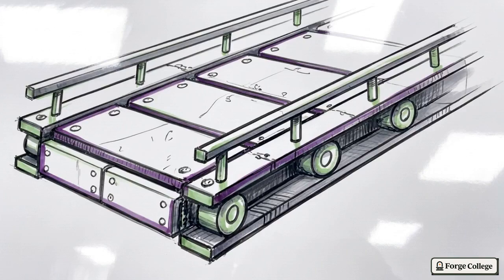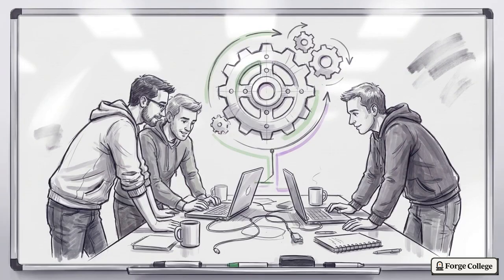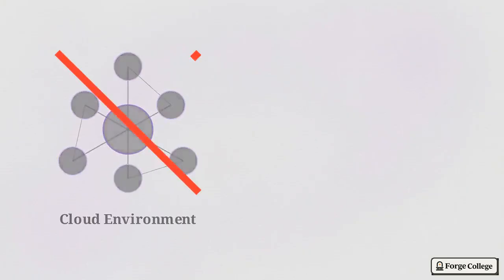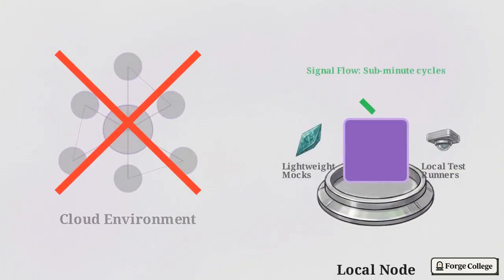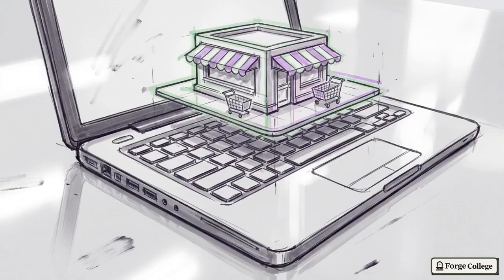Let's zoom in on that first stop, local validation. This station uses the iterative developer flow. It's the setup you'll see most often in small teams or when you're just starting a prototype. Instead of heavy cloud environments, you rely on local test runners and lightweight mocks. It's essentially pretend software that mimics the marketplace, so you can check your basic logic without needing a full internet connection or a massive server.